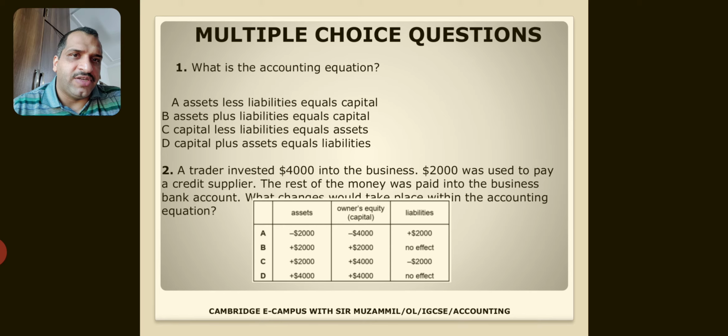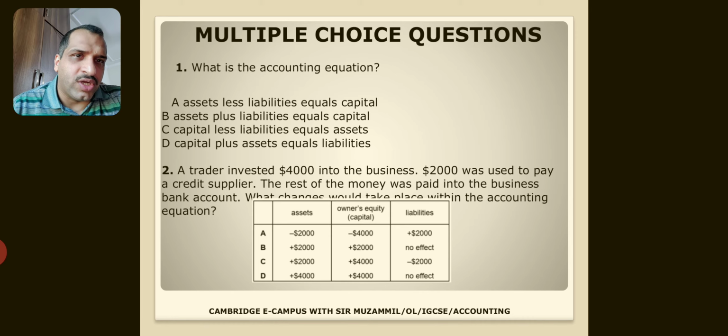A trader invested 4,000 into the business, 2,000 was used to pay a credit supplier, and the rest of the money was paid into the business bank account. What changes would take place in the accounting equation? You see what changes are happening in assets. The trader invested 4,000 but 2,000 was used to pay the credit supplier, so the remaining asset would be 2,000.